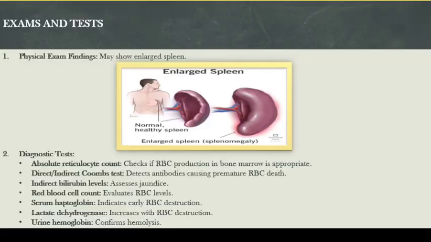Physical examination may show an enlarged spleen, whereas diagnostic tests to confirm whether a patient has hemolytic anemia include absolute reticulocyte count, direct and indirect Coombs test, indirect bilirubin, RBC count, serum haptoglobin, lactate dehydrogenase, and urine hemoglobin.